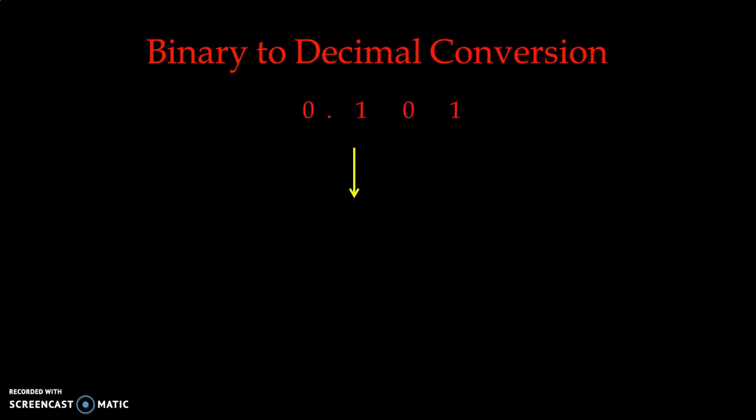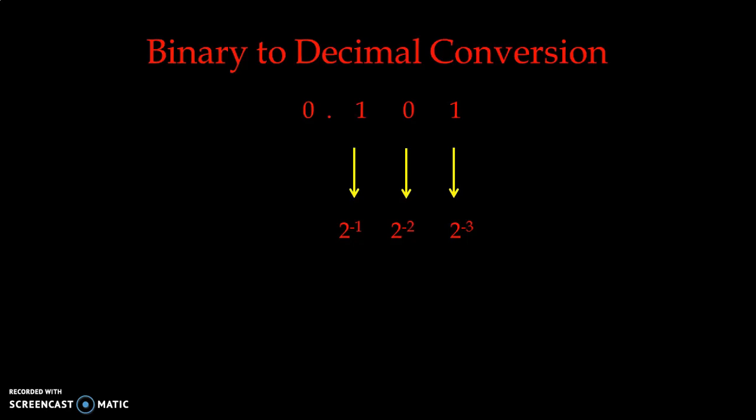After the point, we take 2 with power 1, but it is now minus 1. Second, we take base 2 but now the power is minus 2, and then 2 with power minus 3. So as per the position from the point, after the point we have the fractional value, and we travel from left to right, right?